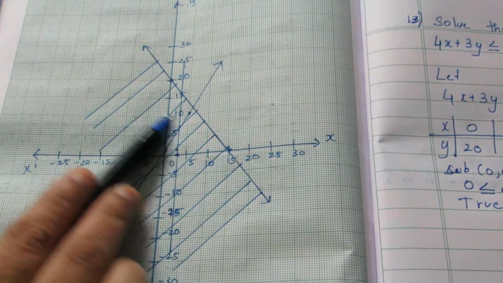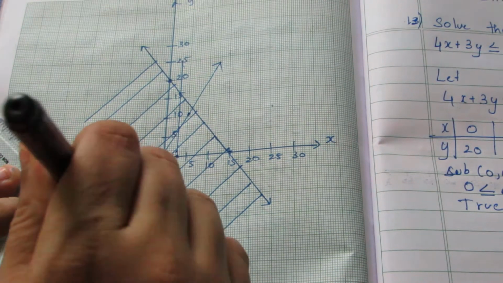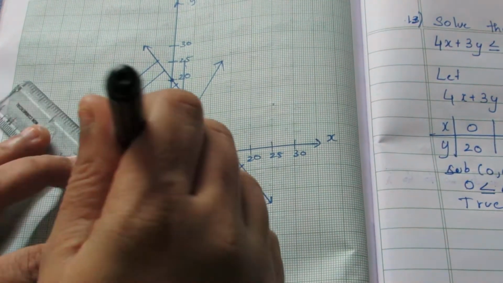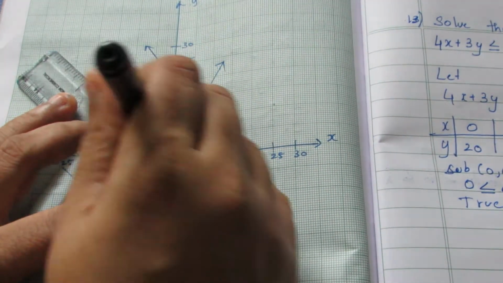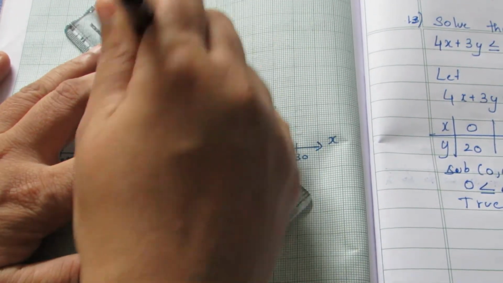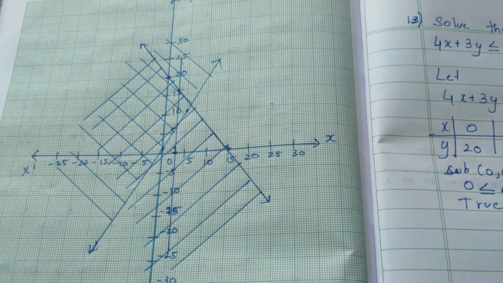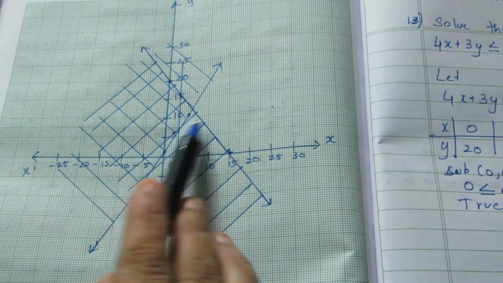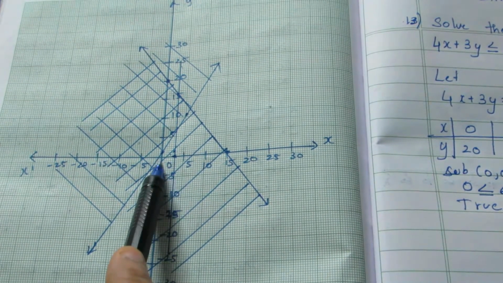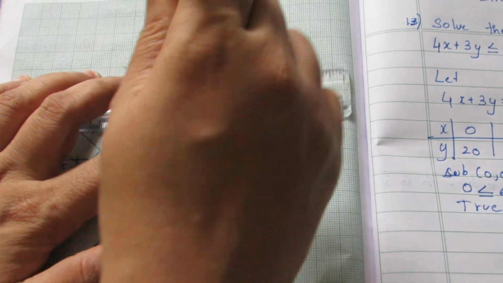As it is false, this should be away, so your shaded region will be on this side. And for the third one, it is false. So your shaded region will be away from the point 0, 0, so it will be on this side.